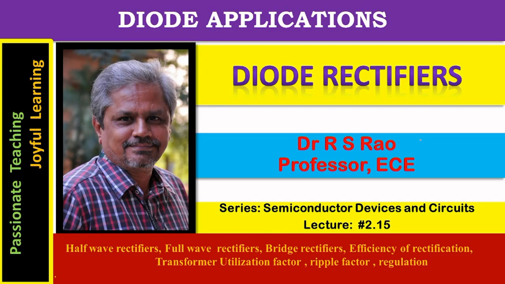Diode applications, diode rectifiers, series on semiconductor devices and circuits, lecture number 2.15. Diodes are two-terminal devices. These are unilateral electronic devices. It means they exhibit properties which are direction dependent.